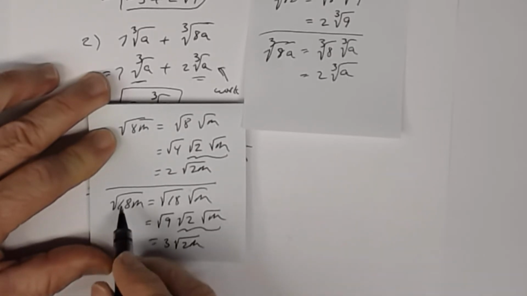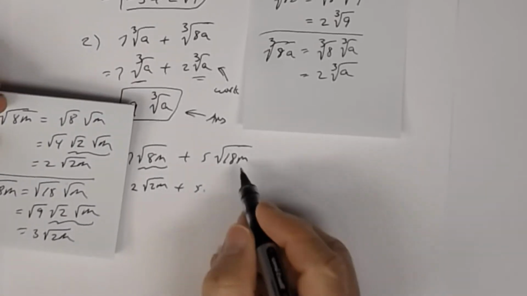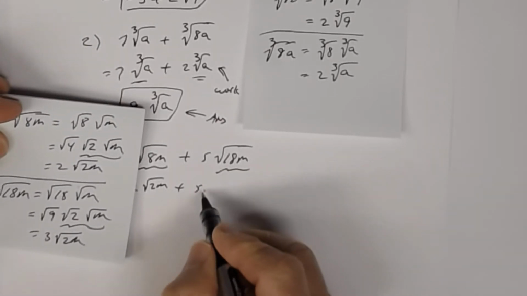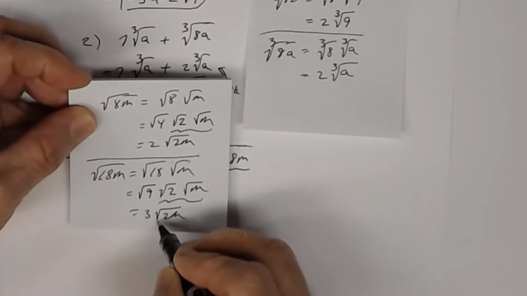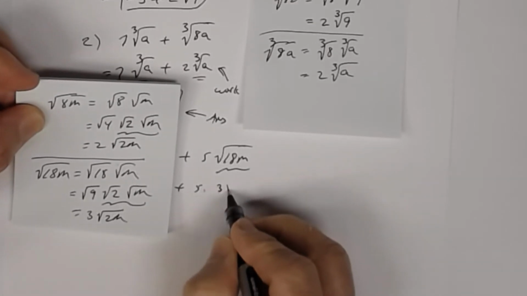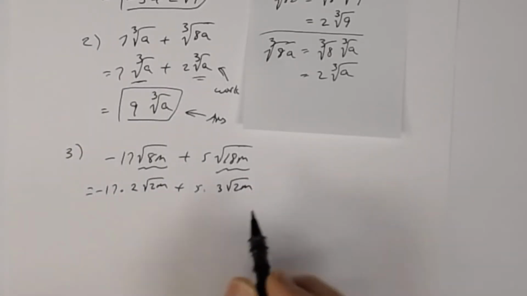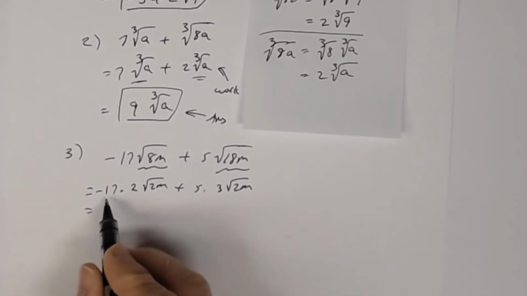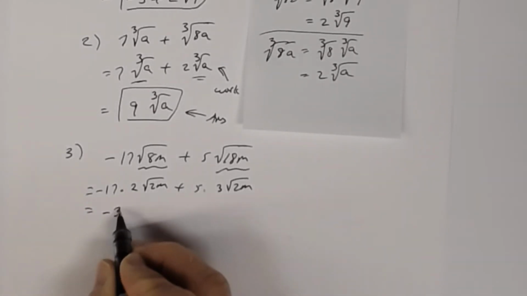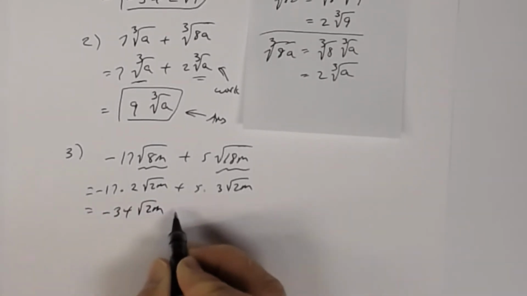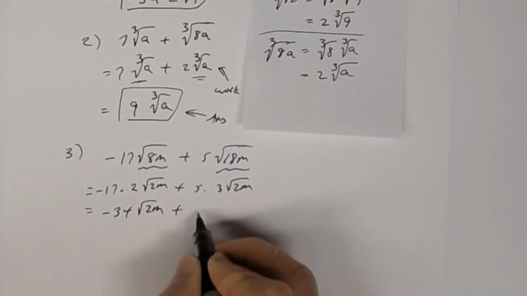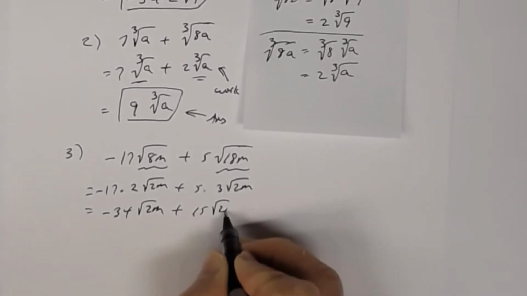So that means that this right here, which would be multiplied by 5, is 3 square root of 2m. And then I get negative 17 times 2 is negative 34 square root of 2m, plus 5 times 3 is 15 square root of 2m.